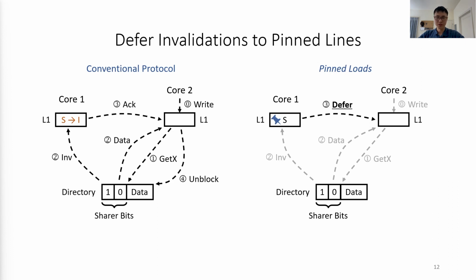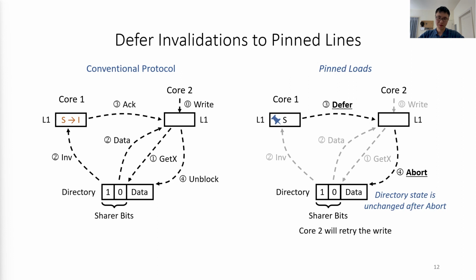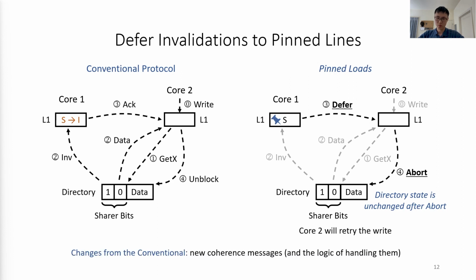If core 2 receives any defer message, it aborts the transaction by sending a new abort message to the directory. The directory state is unchanged after it receives the abort, and core 2 will retry later. Compared to the conventional protocol, our changes are only adding new coherence messages and the logic of handling them, without any additional transient states, which simplifies the design.